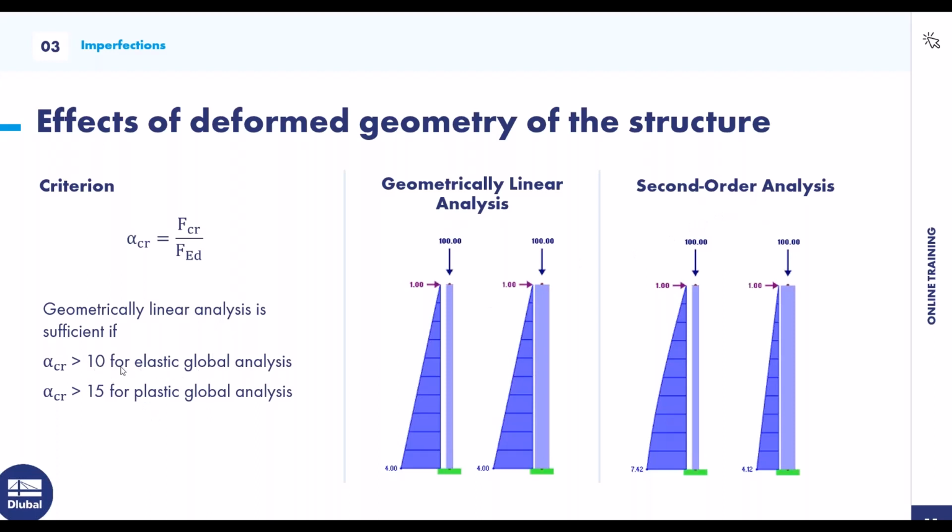If alpha crit is larger than 10, then it's sufficient to apply the geometrical linear analysis for an elastic design. And if you want to do a plastic design, alpha crit must be larger than 15, then you can also design according to the geometrical linear analysis. Okay.